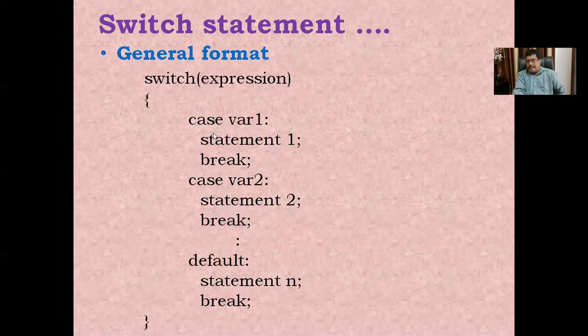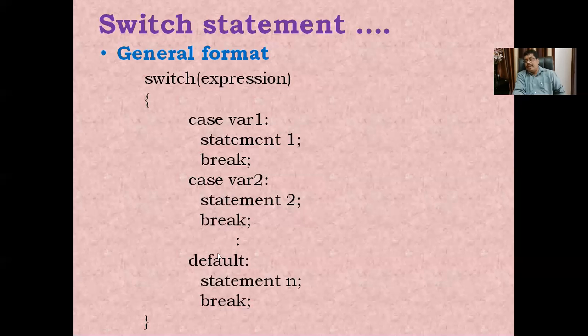Each and every group finally has the break statement. Why do we specify the break statement? To come out of the switch statement. Once the execution of this branch is completed, it should come out of the switch statement. Otherwise, it will keep checking the remaining cases.